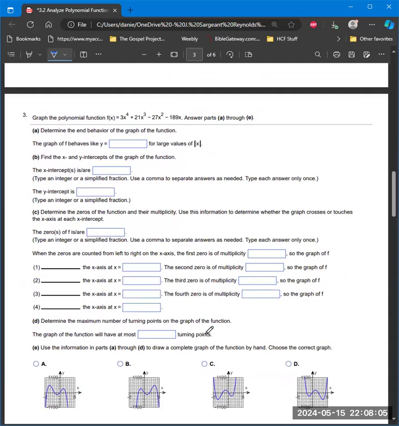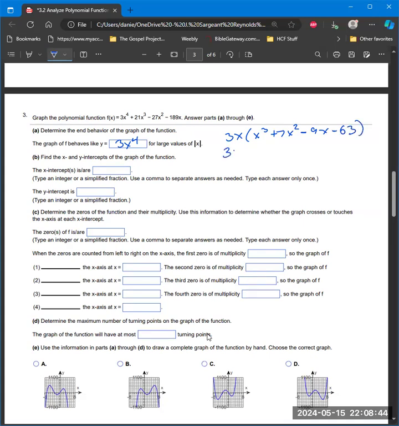All right, this graph is going to behave like 3x to the 4th. So it's going to rise to the right and to the left. For the x-intercepts, we're going to have to factor out a common factor of 3x, and that gives me x cubed plus 7x squared minus 9x minus 63.